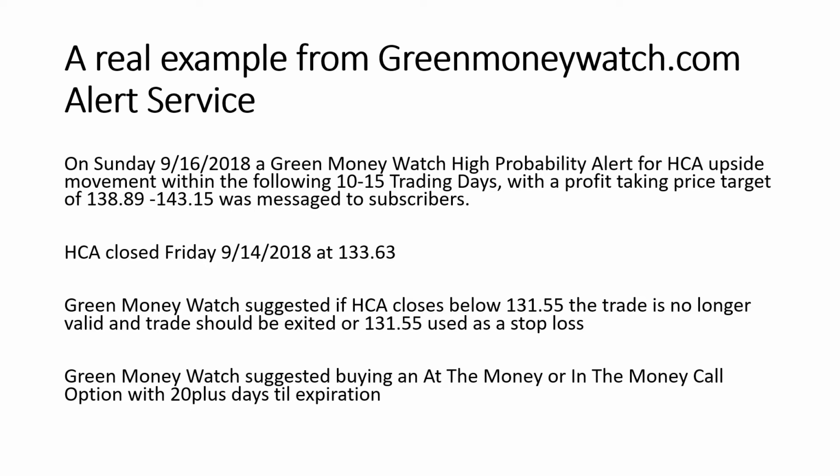Green Money Watch also gives profit taking target ranges, and for HCA those ranges were $138.89 to $143.15. This was messaged out to all the Green Money Watch subscribers at the time.